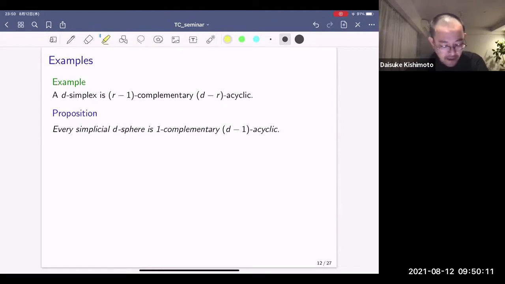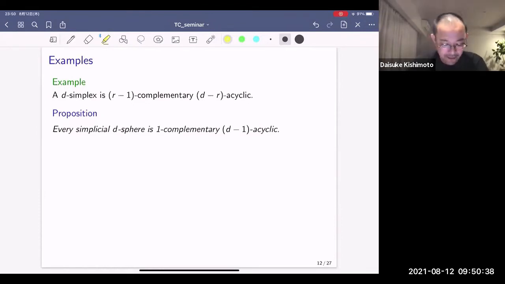Every simplicial D sphere is 1 complementary D minus 1 acyclic. So this is easy. If you remove 1 point from a sphere, then it becomes contractible. If you remove more than 1 point from a D sphere, it becomes a wedge of D minus 1 spheres.